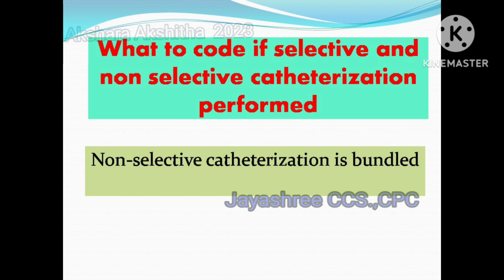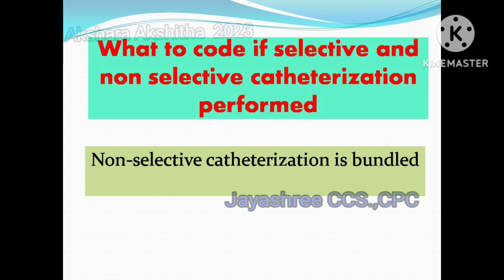For example, catheterization of the aorta, 36200, is non-selective, and catheterization of the left subclavian artery is selective, 36215. Once the catheter is advanced through the aorta into another vessel or any artery, all non-selective catheterization is bundled into the selective catheterization.